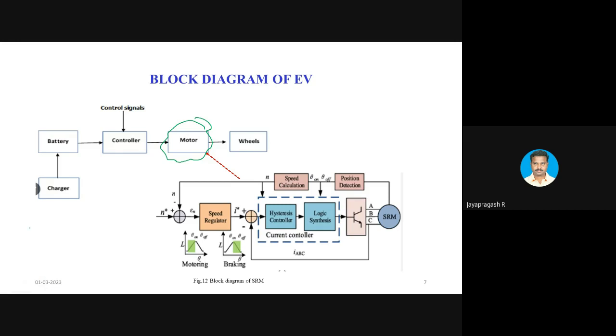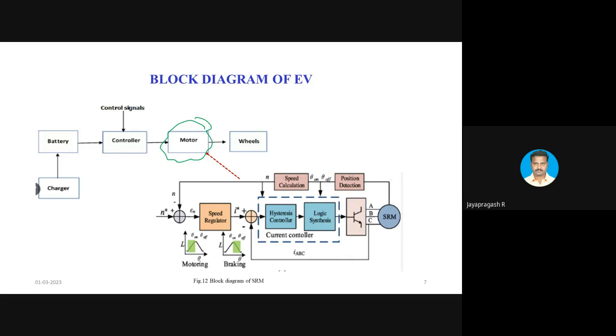As we were discussing in the previous slide, we have to sequentially excite the phase windings to have continuous rotation. Which phase winding has to be excited is decided by the rotor position information. This rotor position information is obtained from the switched reluctance motor using either a Hall sensor or an IR sensor, or other standard position sensors available in the market, to detect the rotor position.